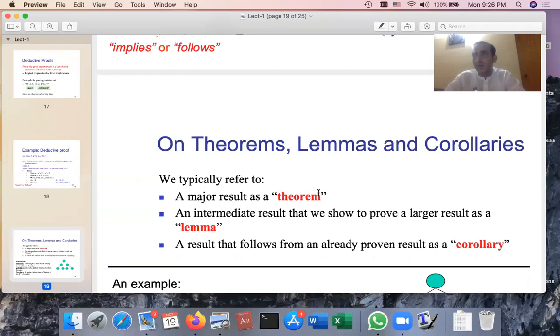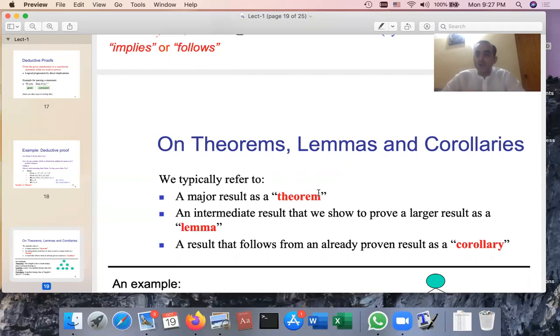In a theorem you have to analyze some complex and major things, major results. The word result is very generic, and it has complete semantics actually.